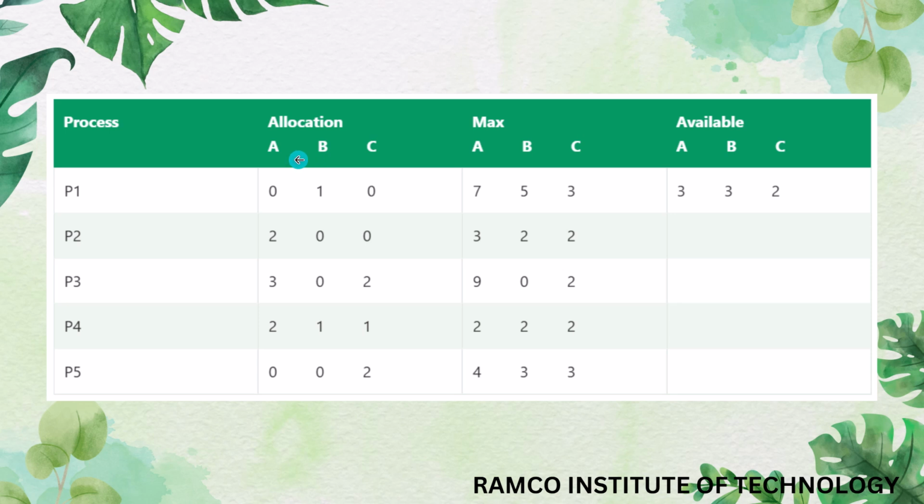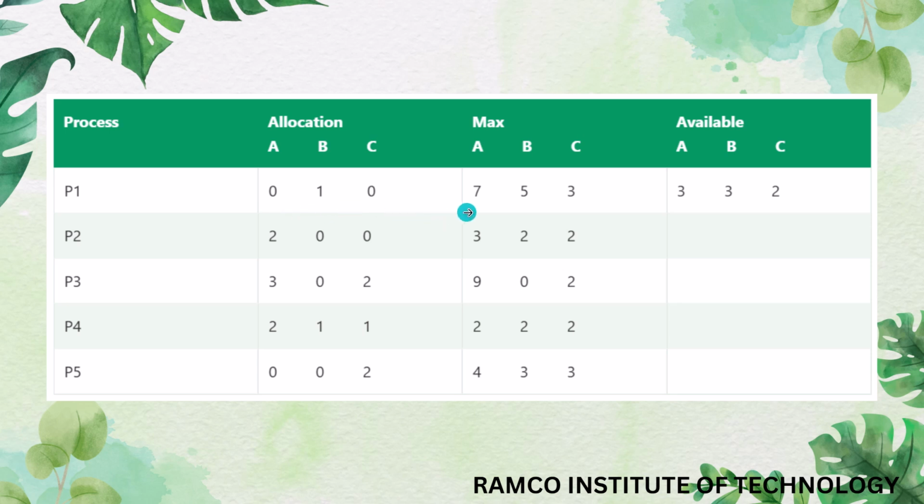So here the allocation for the particular process P1 is 0, 1, 0, which means here 0 instances of resource type A and 1 instance of resource type B, then 0 instances of resource type C is allocated for the process P1. This is the meaning for this first number 0, 1, 0.